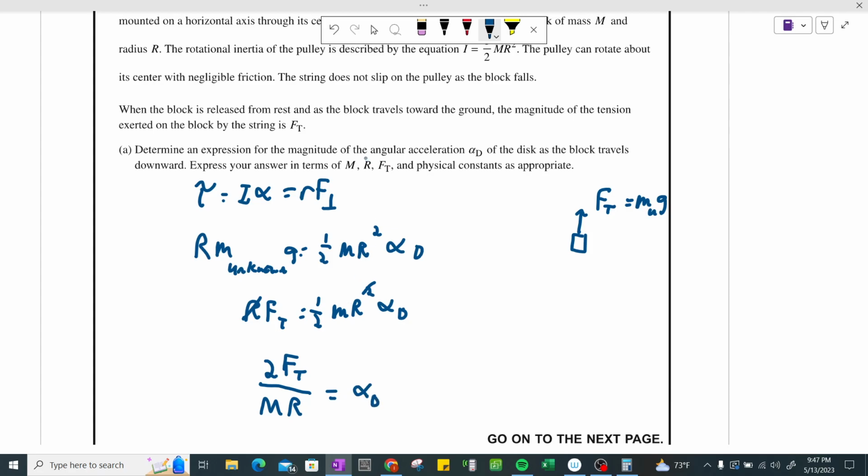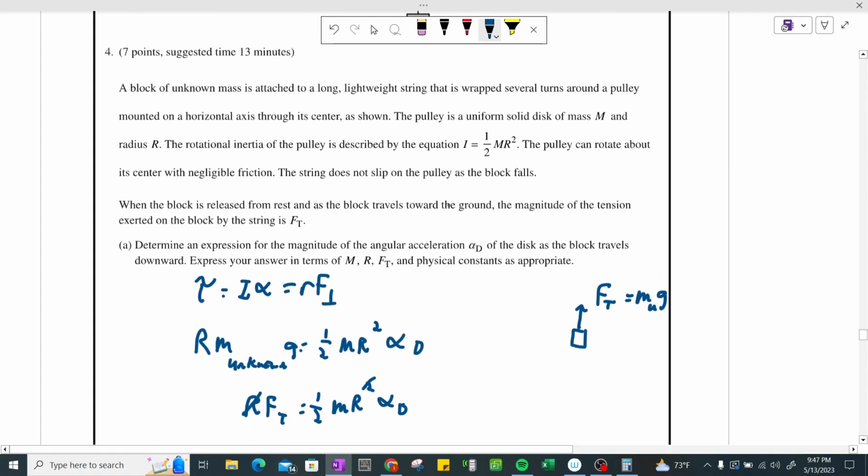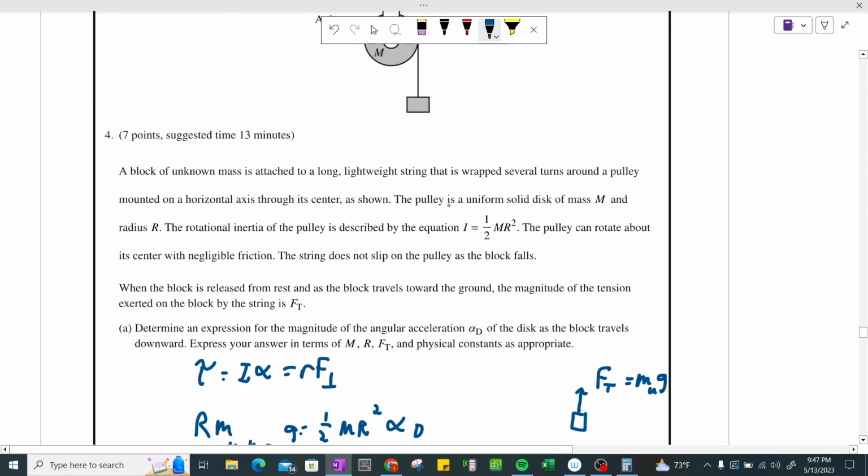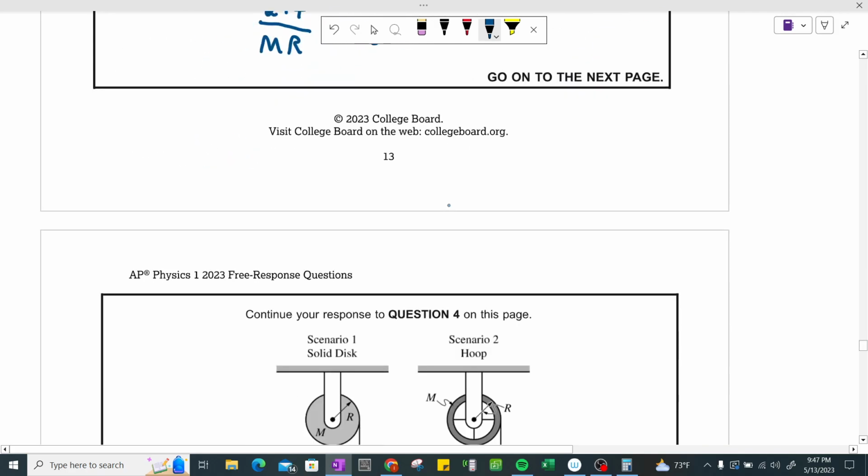Checking back, I use m, r, F T. I didn't need any physical constants. It's solving for alpha d, so we should be good to go. They did not specify which direction is positive, so I don't think you need to necessarily flip signs or anything.